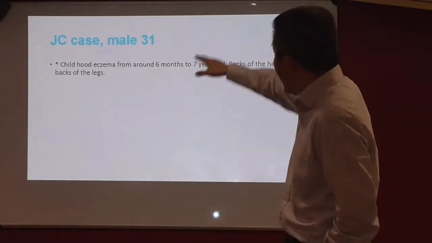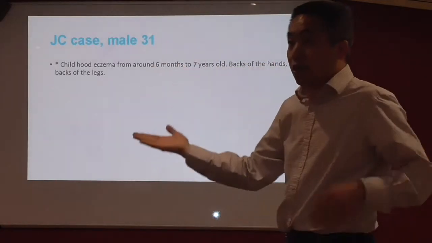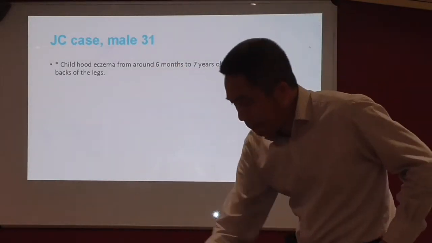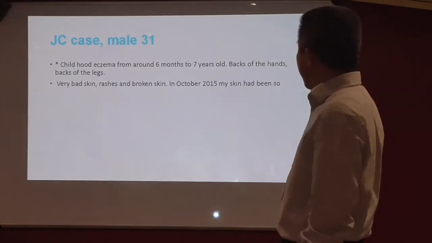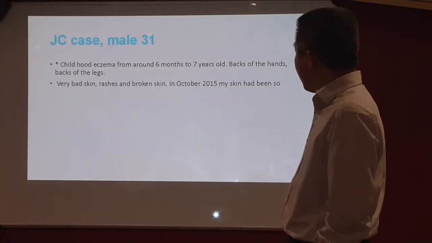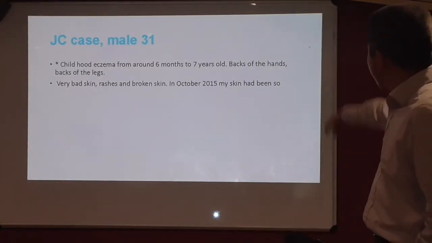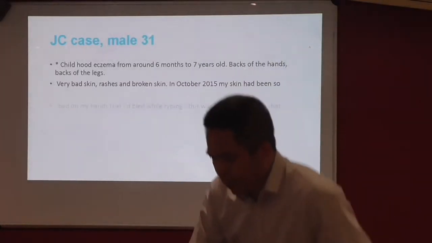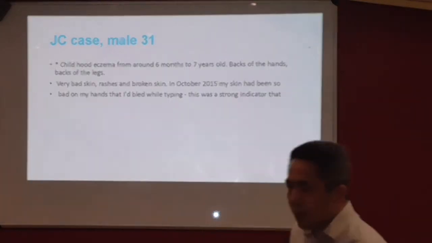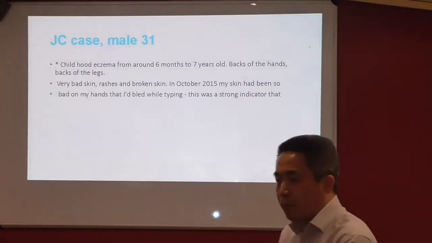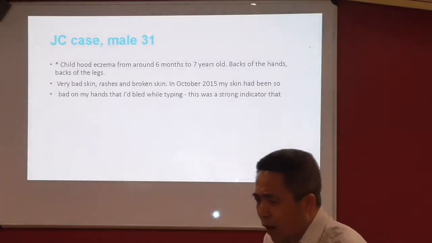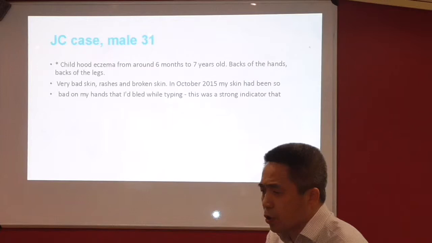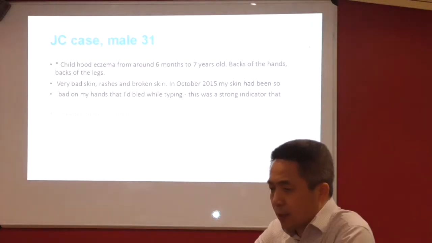Now he is 31 years old, but you can imagine how many years. Very bad skin, rashes, and broken skin. The skin on my hands bled while typing. Yes, this was a very strong indicator that I needed to fix something.